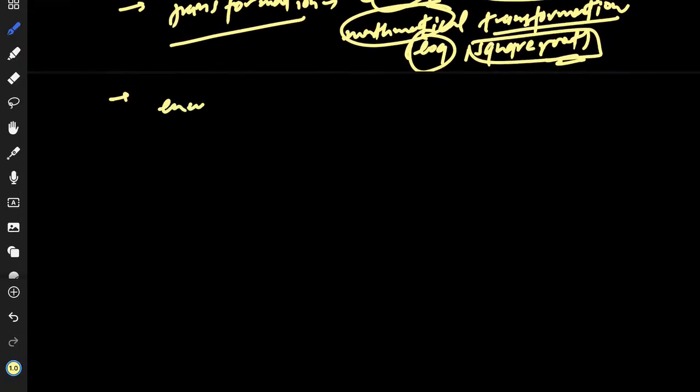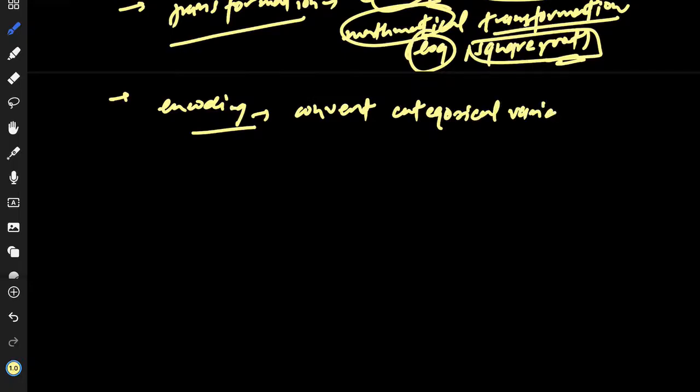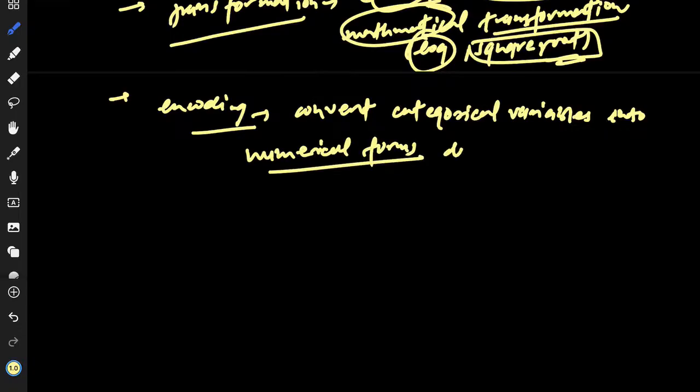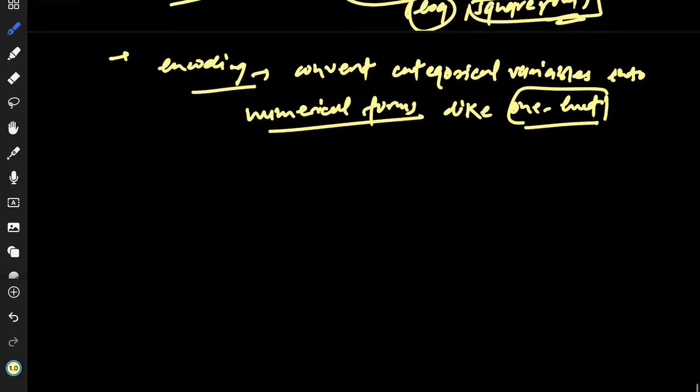Then we can use encoding. Here we convert our categorical variables into numerical forms, like one hot and label encoding.